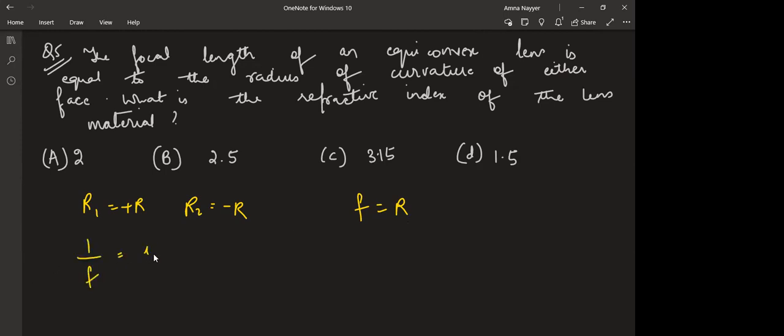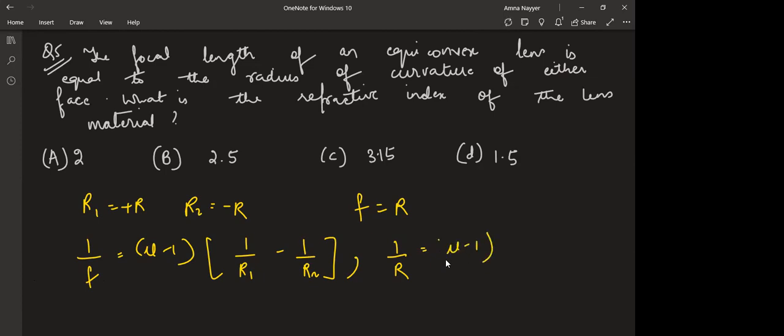1 by f is equal to mu minus 1 into 1 by R1 minus 1 by R2. From here, I'm putting the value of f as R. So 1 by R will be equal to mu minus 1 into 1 by R plus 1 by R. How did I write 1 by R plus 1 by R?